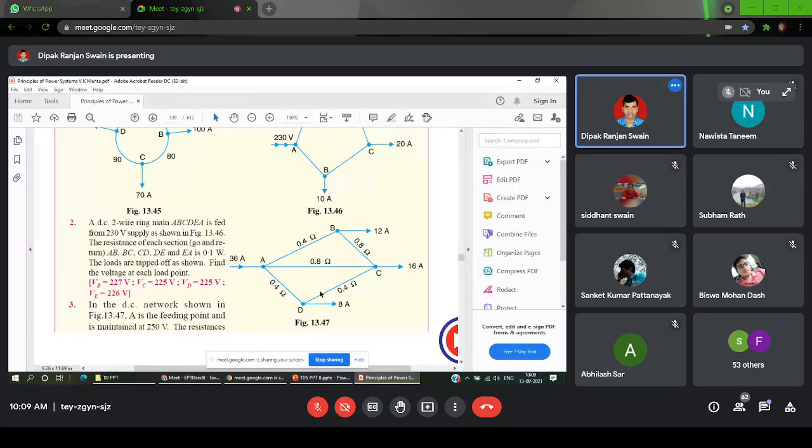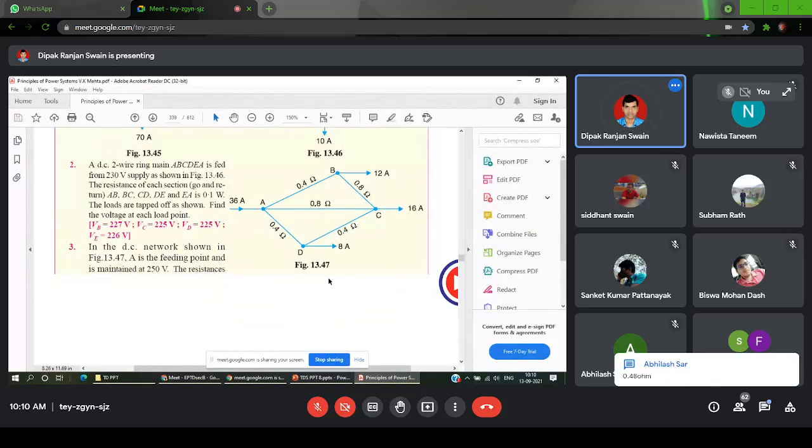Okay, so if you take this current as I1, this will be I1 minus 12. Then this current is I2, so this current will be this current plus this current minus 16, as it is 16 ampere there. Like that, you have two equations and you can solve it. Okay, that method is there, or you can use the Thevenin's method to find the current. Your choice. Okay.